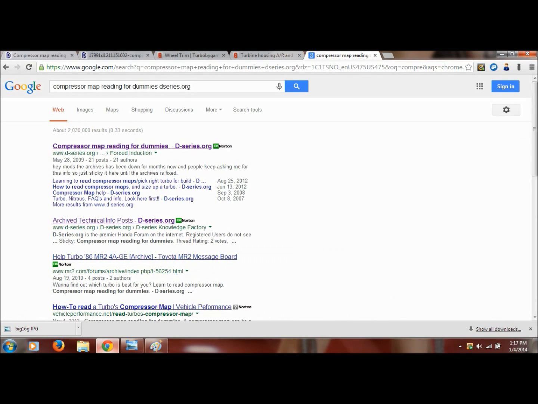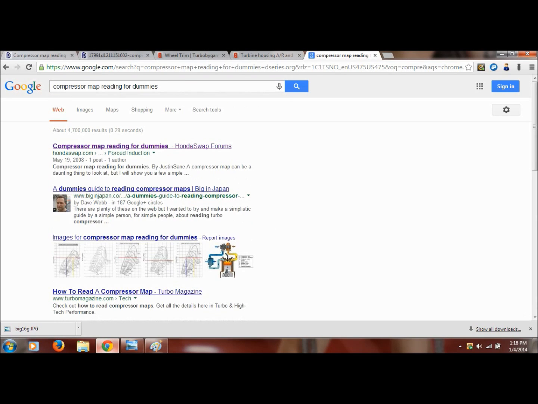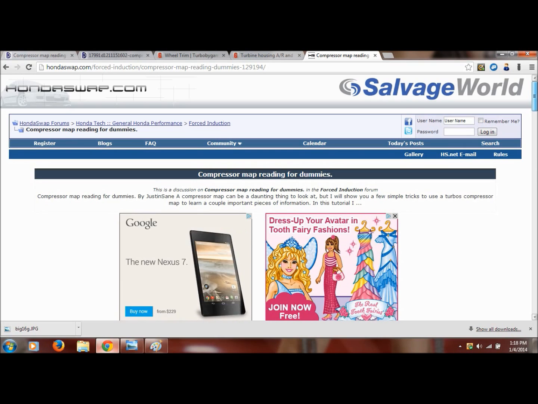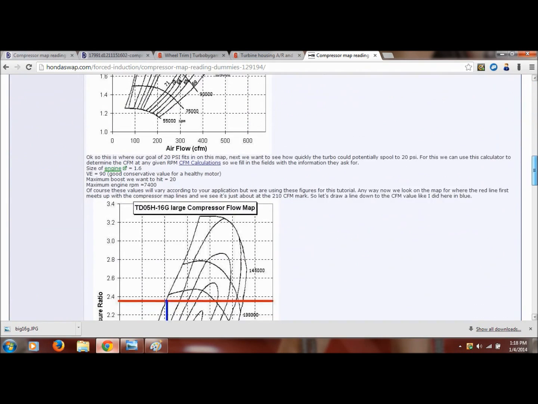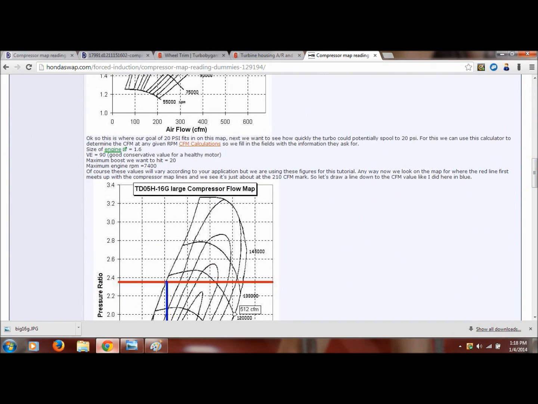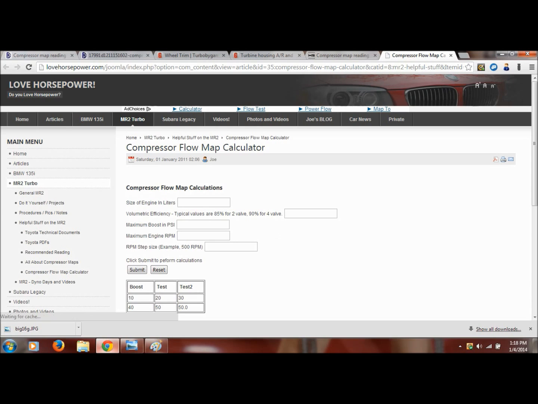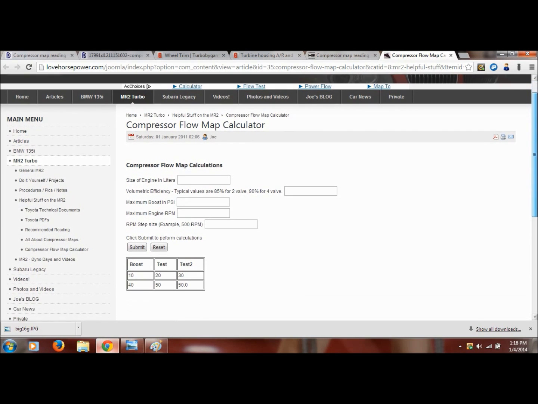Take off the dseries.org part here, and that's going to take us right to Honda Swap Sticky. And under this website here, I'm pretty sure that the calculator has a link right here. Yeah, I don't know why it didn't show up on there, but this is the calculator I was telling you guys about that I used.